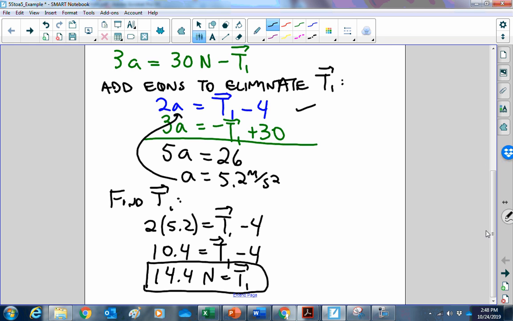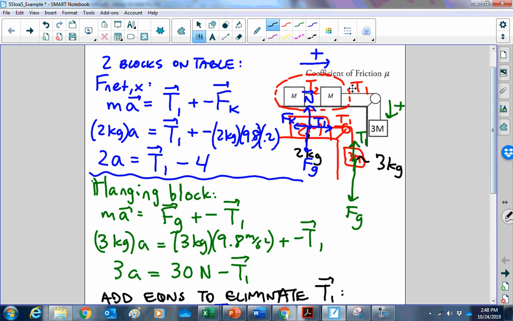One more thing, I'm supposed to find T2 as well. The best way is to draw a free body diagram of just the last block. The other block has 3 forces on it: T1, T2, and friction.